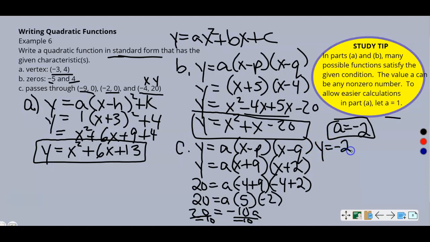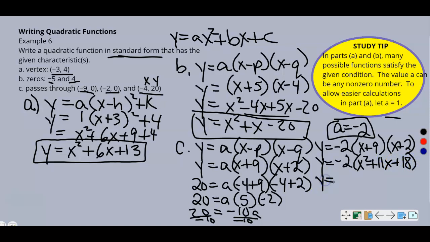Once we have that, we can plug it into the original equation. So -2(x + 9)(x + 2), and then multiply it out to put in standard form. Let's multiply the binomials first. I'm going to have x² + 2x + 9x, which is +11x in the middle, and 9 times 2 is 18.